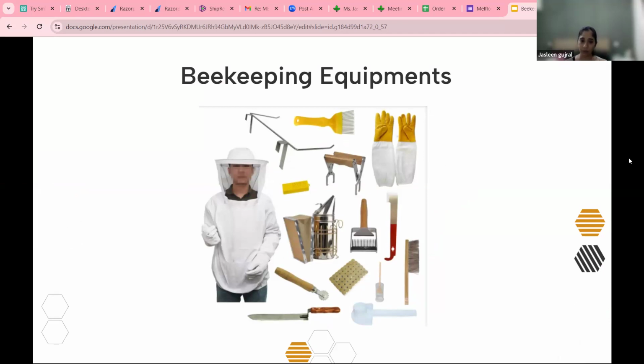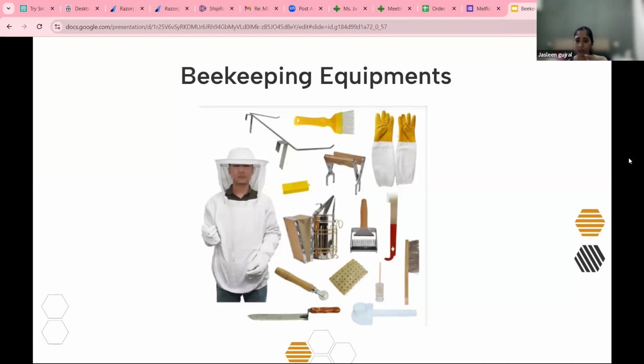At times beekeepers take either the bee veil or the whole suit. This is the bee veil which protects you from bee stings. Then gloves, so that you are able to lift up the beehive properly and not get stung during the operations of using the hive and inspecting it.